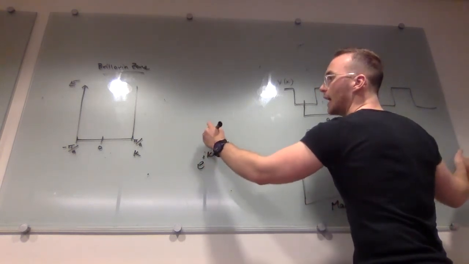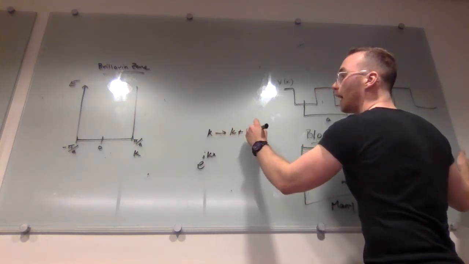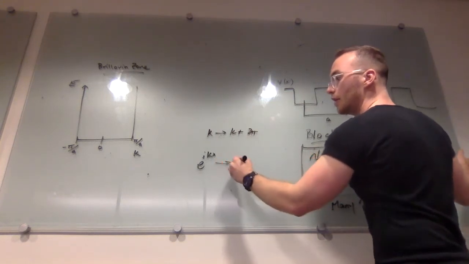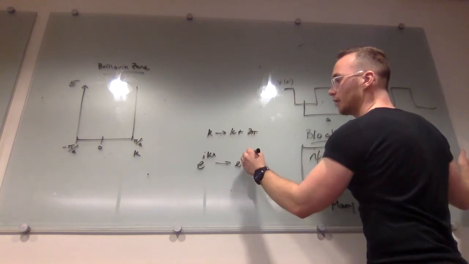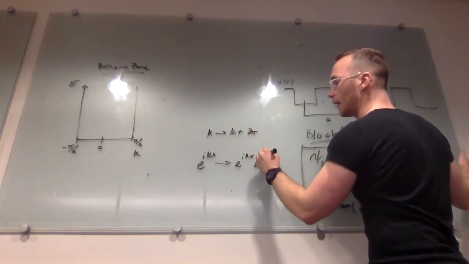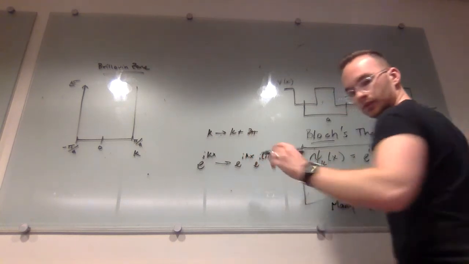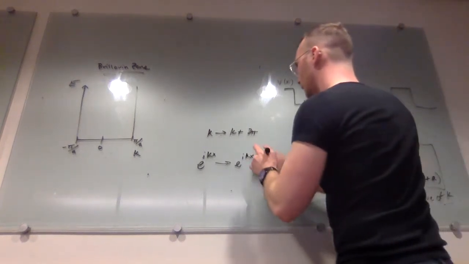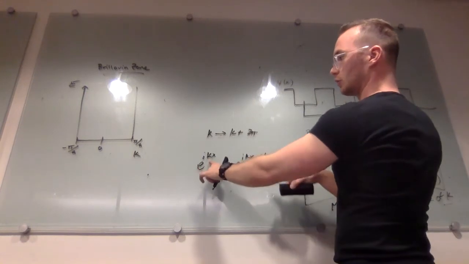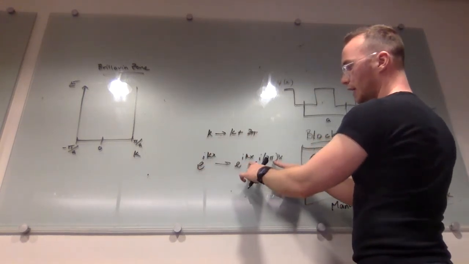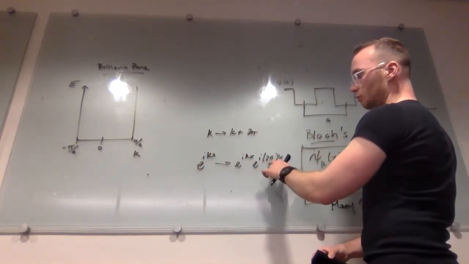If k goes to k plus 2 pi, this goes to e to the i k times e to the i 2 pi x.